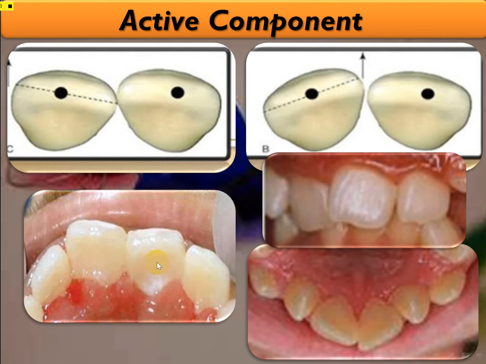So, in mesially rotated teeth, I will put a recurved Z spring plus a Hawley arch, while in distally rotated teeth, I need to use a Z spring instead of a recurved Z spring.